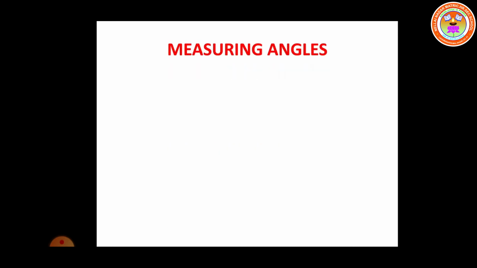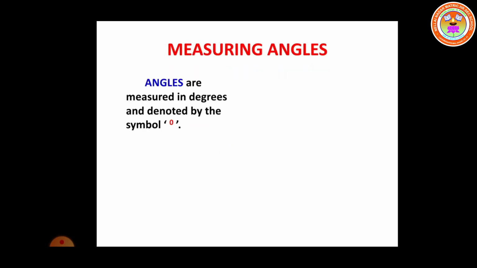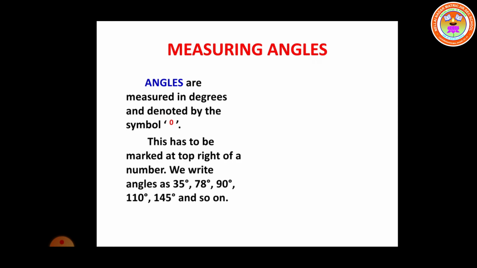Measuring angles. Angles are measured in degrees and denoted by the degree symbol. How do we read that symbol? Degree. This has to be marked at the top right of a number. For example, we write angles as 35°. How do we read that? 35 degrees.